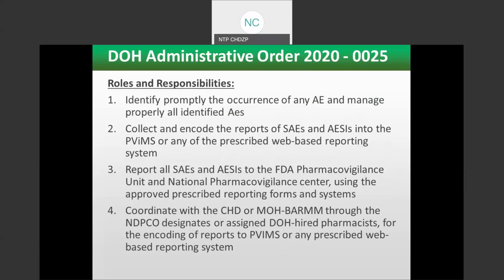Report all SAEs and AESIs to the FDA Pharmacovigilance Unit and National Pharmacovigilance Center using the approved prescribed reporting forms and system. Also, coordinate with the CHD or MOH BARMM through the NDPCO designates or assigned DOH hired pharmacists for the encoding of reports to PBIMS or any prescribed web-based reporting system.